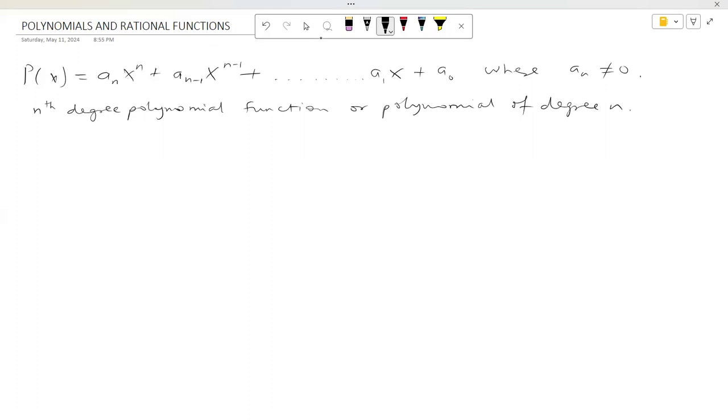Now the numbers a_n, a_(n-1), a1 and a0 are called coefficients of the function. n is a non-negative integer, and a is a real number.